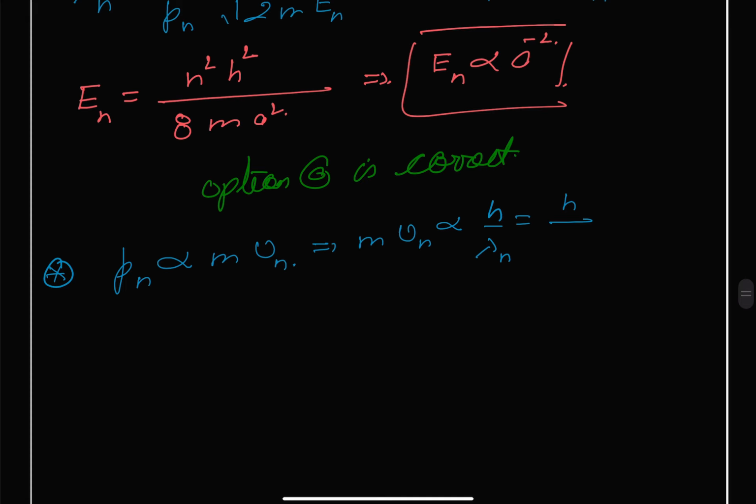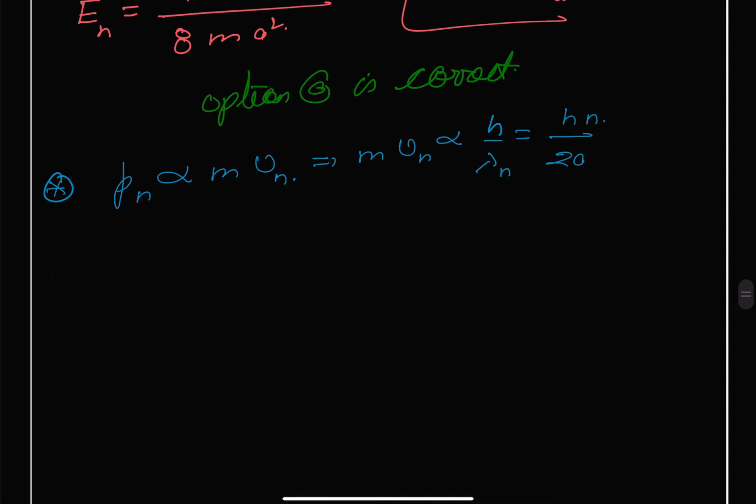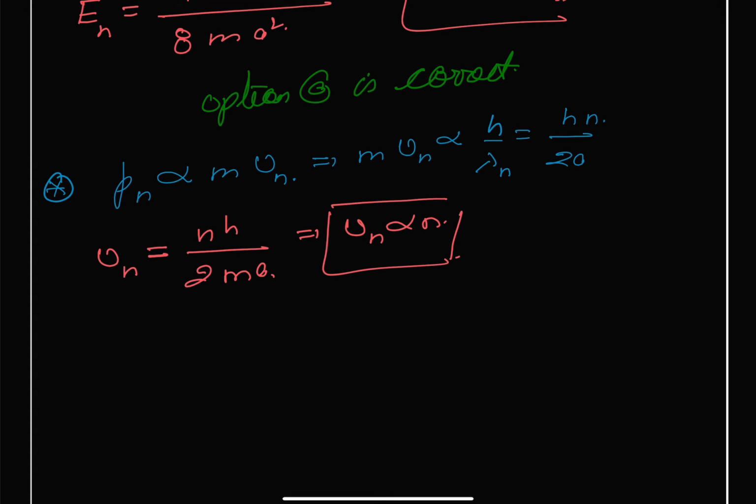So this comes as 2a and multiply by n. So from here we can say that v of n will be equal to n h upon 2 m a. Therefore v of n is proportional to n.